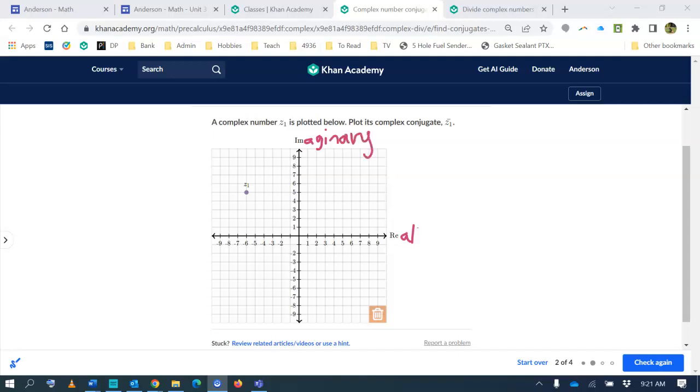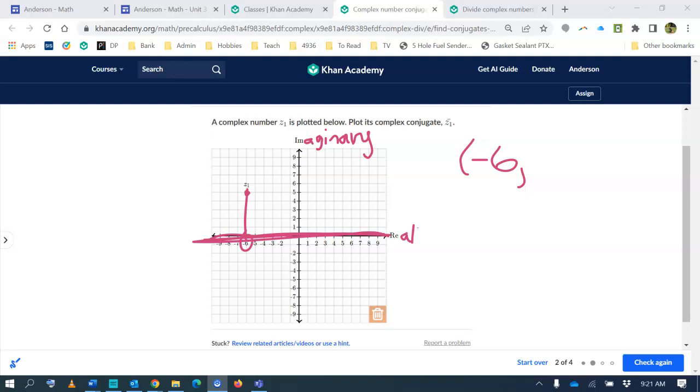All right. So first thing we want to do is identify our Z1 point. And that's what I did wrong last time. I didn't identify it correctly. On our real axis, the x-axis typically, we can see we are at negative 6. So our real number is negative 6, which goes first. We just talked about that this lesson.